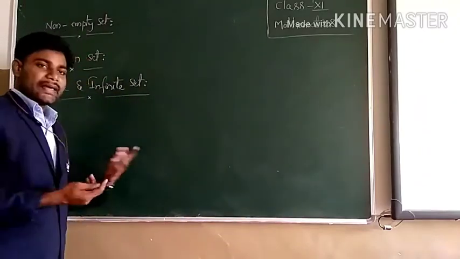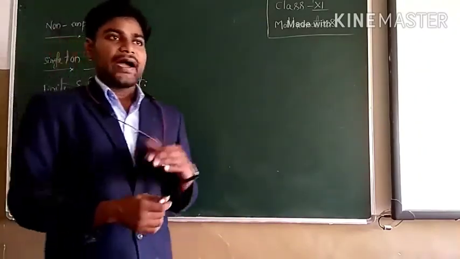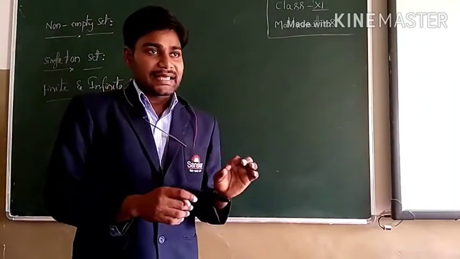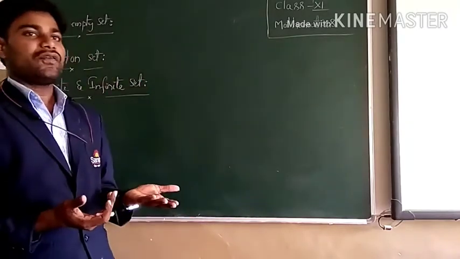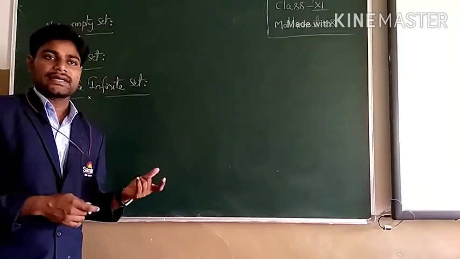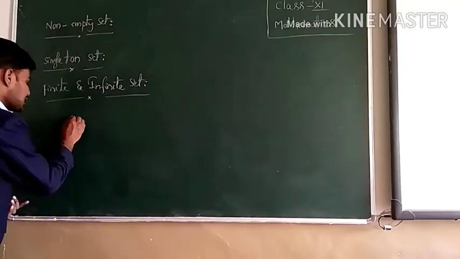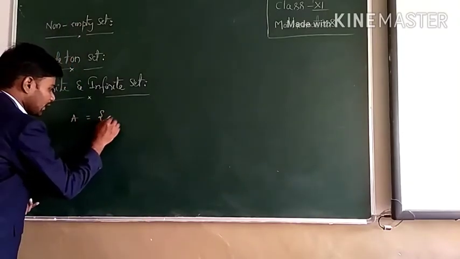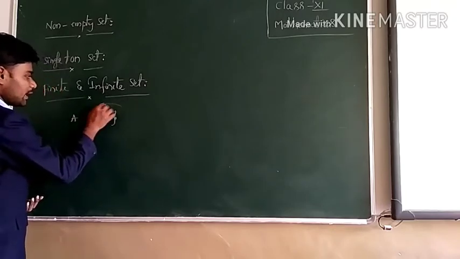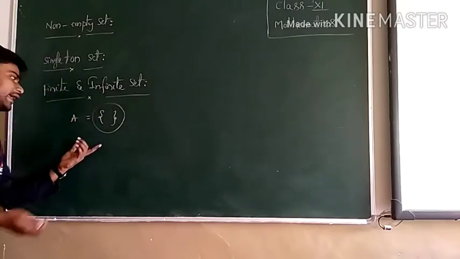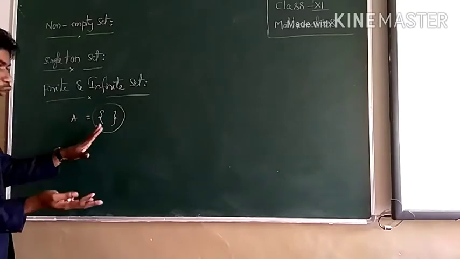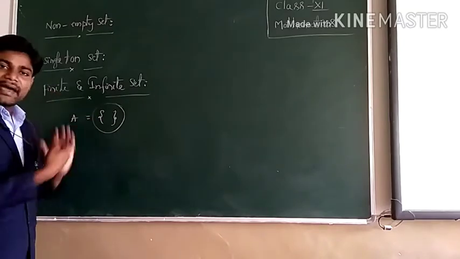Now let's see the definition of a finite set. A finite set is a set that is empty or has a definite number of elements. Suppose a set is empty, it is also a finite set, because there is no element, so we can say it is countable. So that's why it is a finite set.